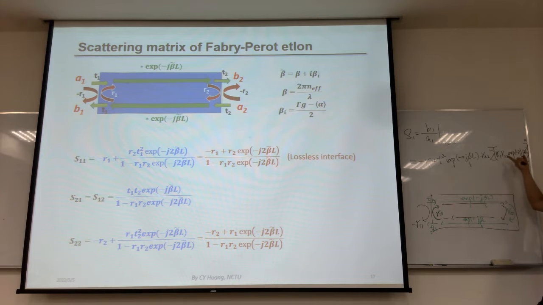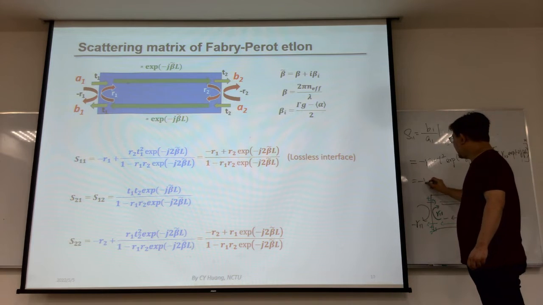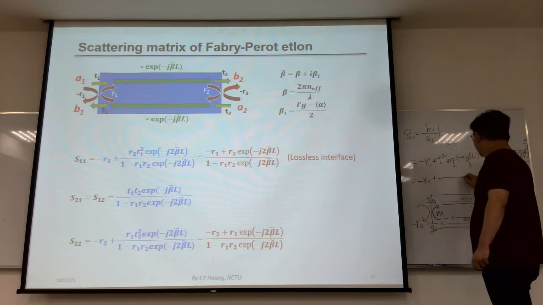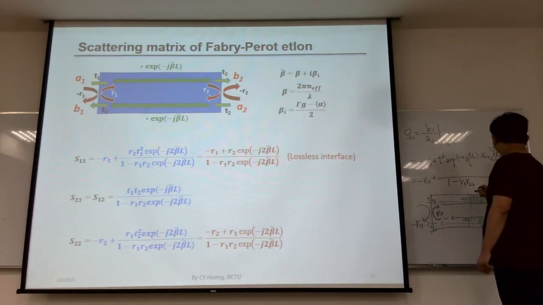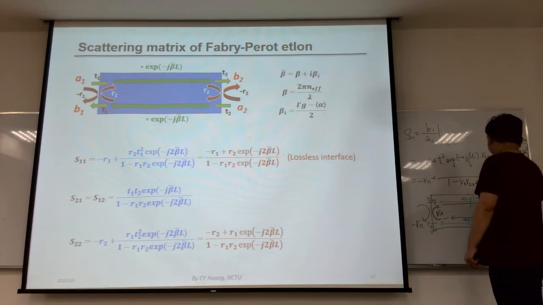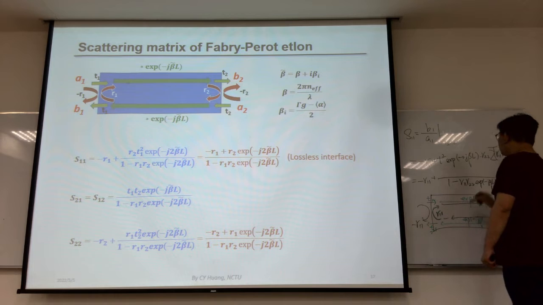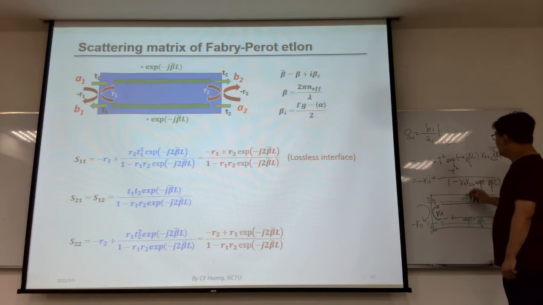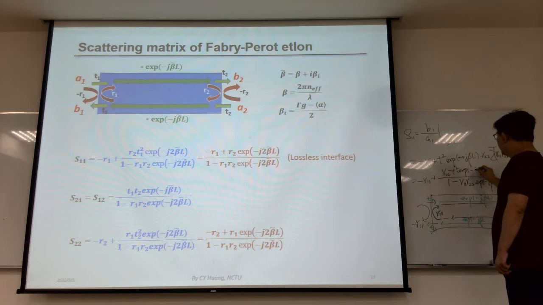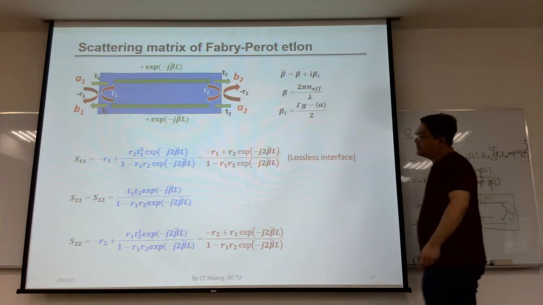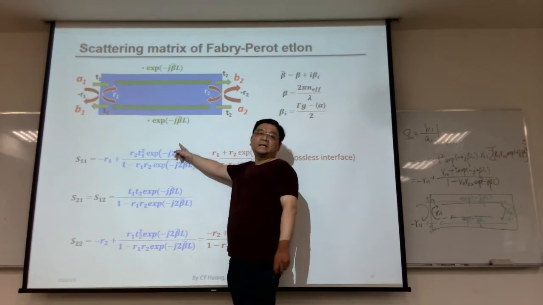It should be 1 over 1 minus the ratio. So the result is minus R11 plus T squared R22 exponential minus 2j beta L, divided by 1 minus R11 R22 exponential minus 2j beta L. So that's how this comes out.